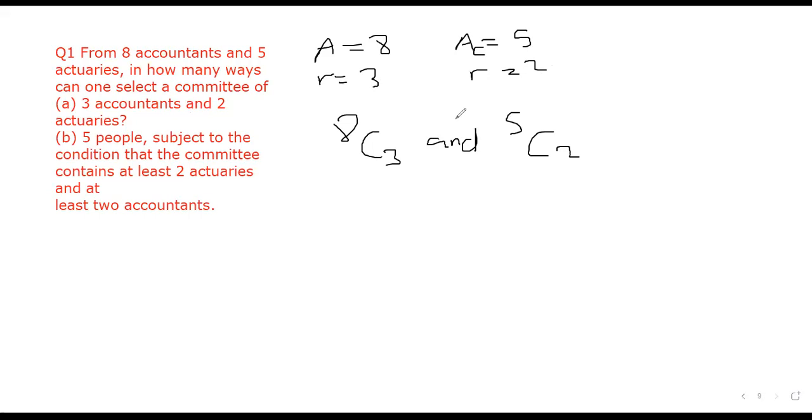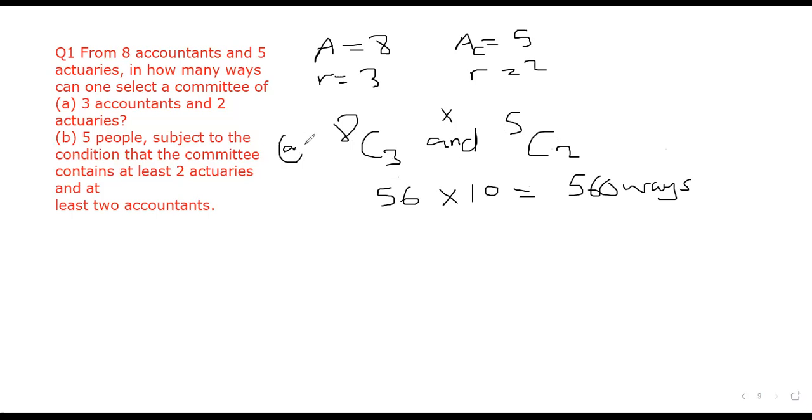In statistics, the word and is usually used in terms of multiplication. So what is 8 combination 3? 56. What is 5 combination 2? It is 10. So to multiply this, we're going to find 560 ways in which we can get that combination. So this is not a probability, it is an order or arrangement.